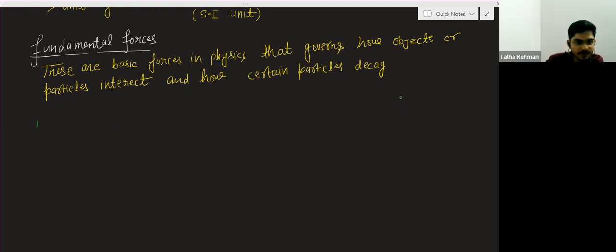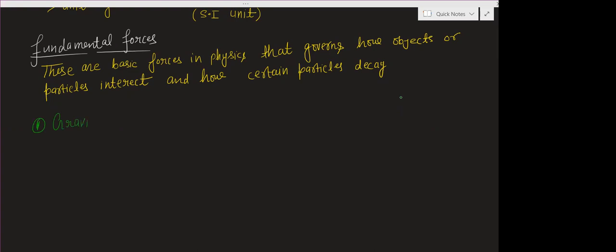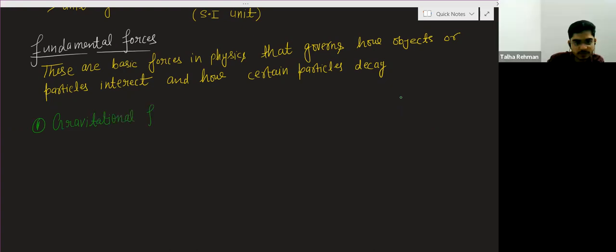So basically, we have four types of fundamental forces. Number one is the gravitational force. Number two is the electromagnetic force. Number three is the strong nuclear force.